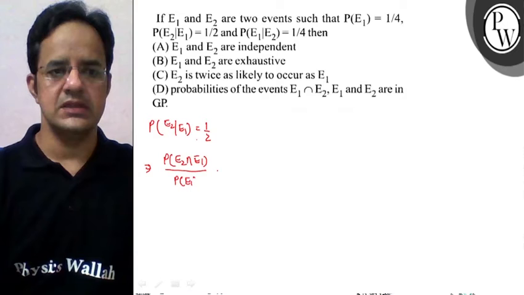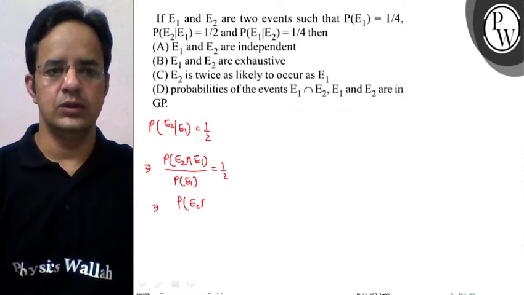It means that the probability of E2 intersection E1 is equal to half multiplied with the probability of E1, which is given as 1 upon 4. So this probability is 1 upon 8.